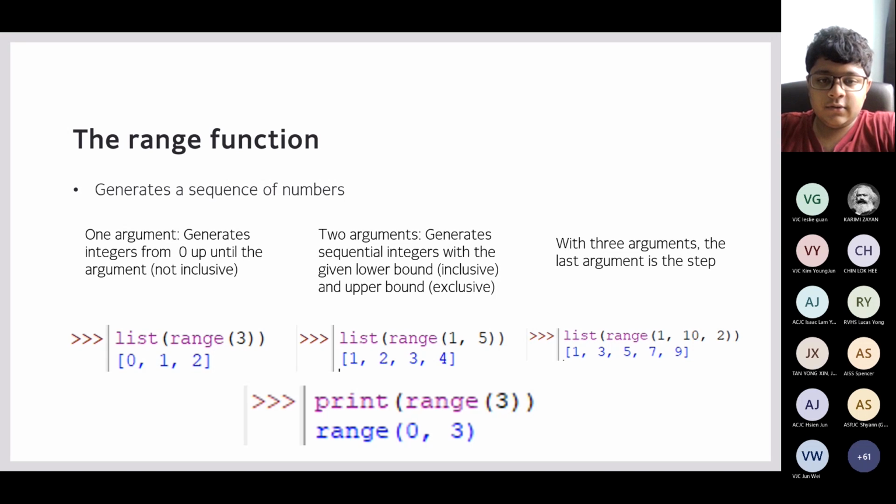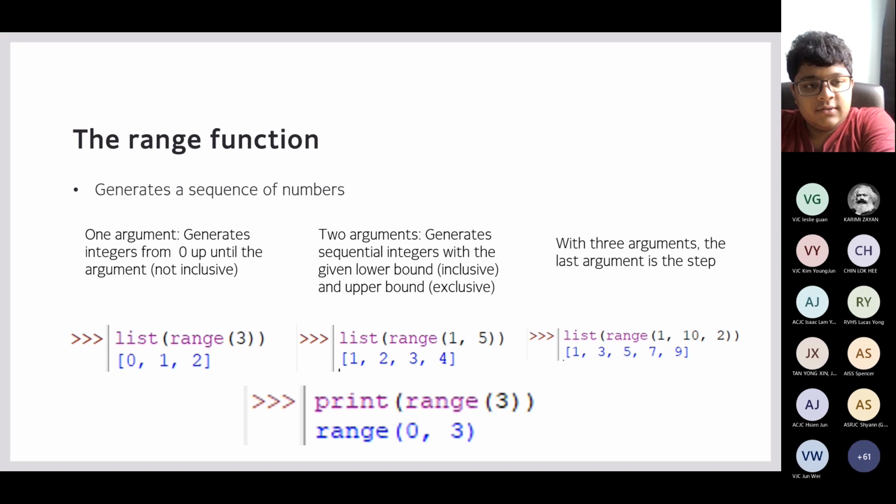With three arguments, it's very different because you have the step notation, which adds a value over and over again until it reaches the upper bound, and that's another power of the range function. But do note that the range function in itself does not create a list, and you will have to create the list yourself by calling the list function, or rather the class.